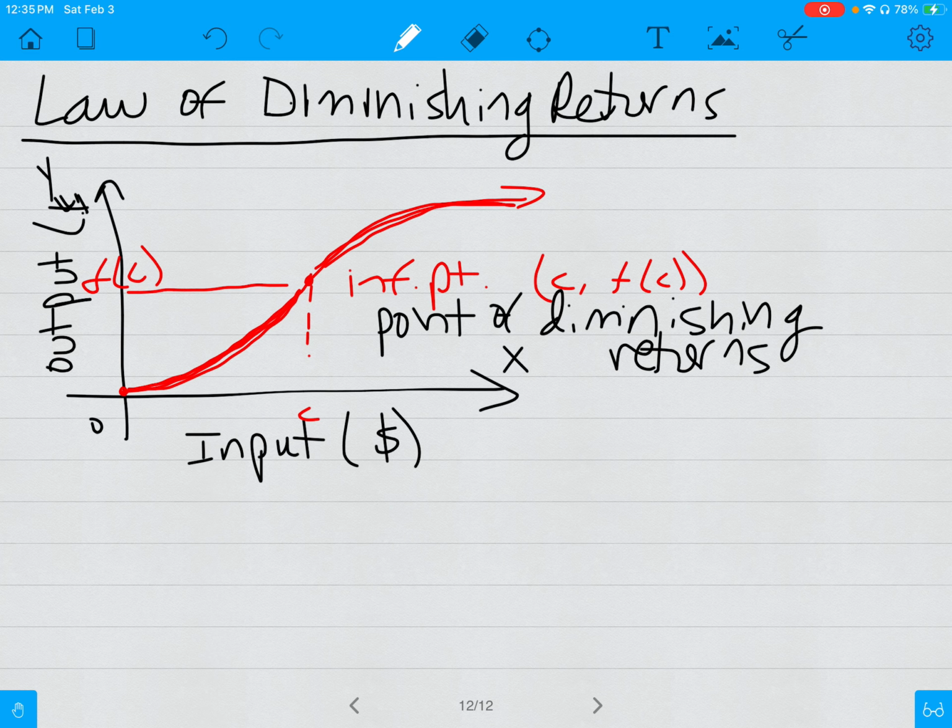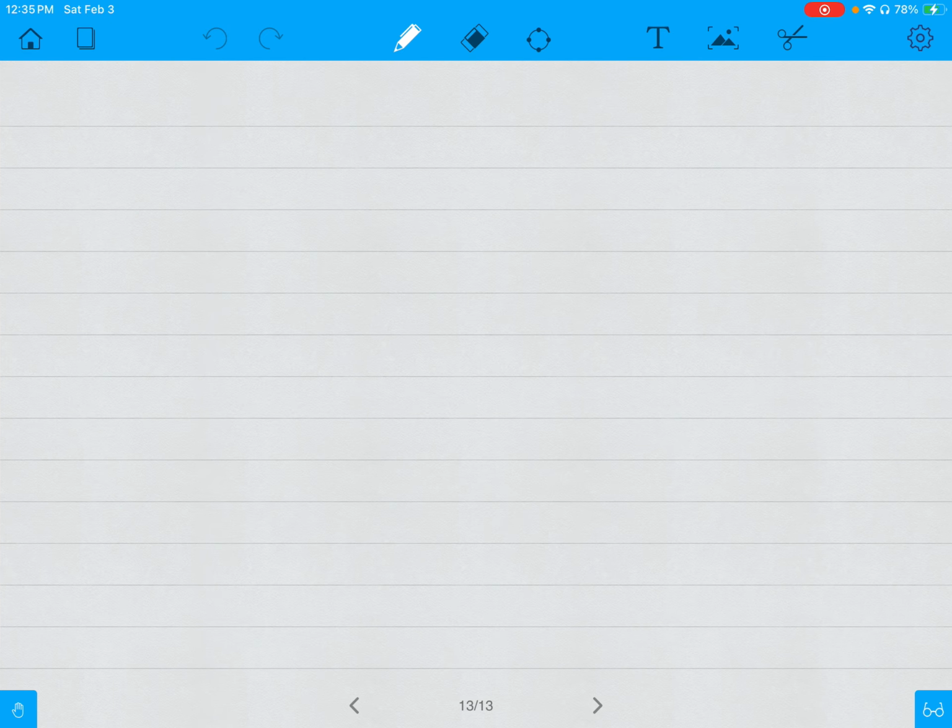So let's take a look at an example where we're finding this point of diminishing returns.